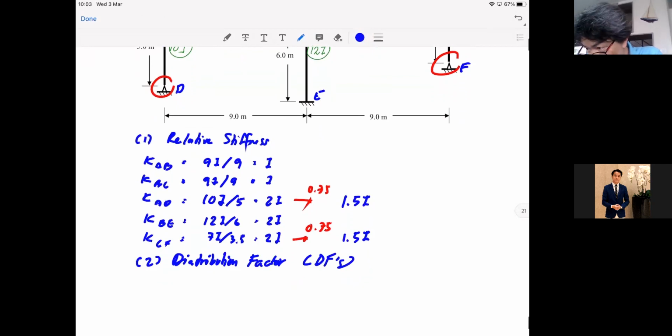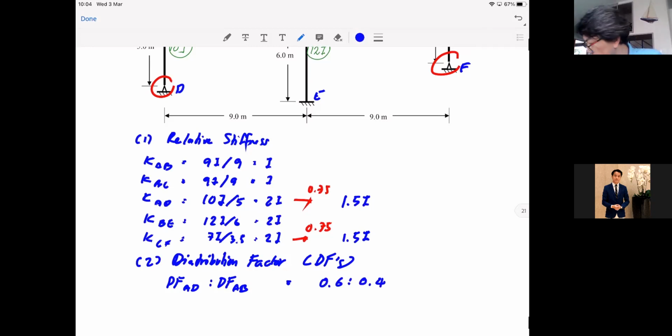And now we are going to look at the joint A. So we have distribution factor of member AD versus distribution factor of member AB, right? It's between 1I and 1.5I. So the total is 2.5, 1 over 2.5 and 1.5 over 2.5. That's 0.6 versus 0.4, right?